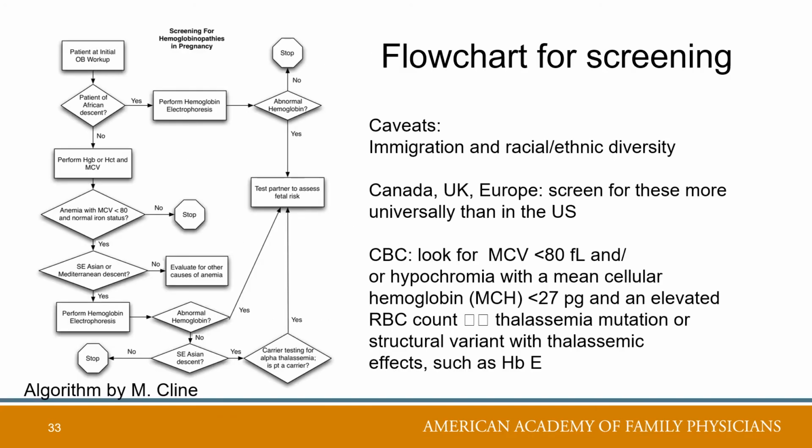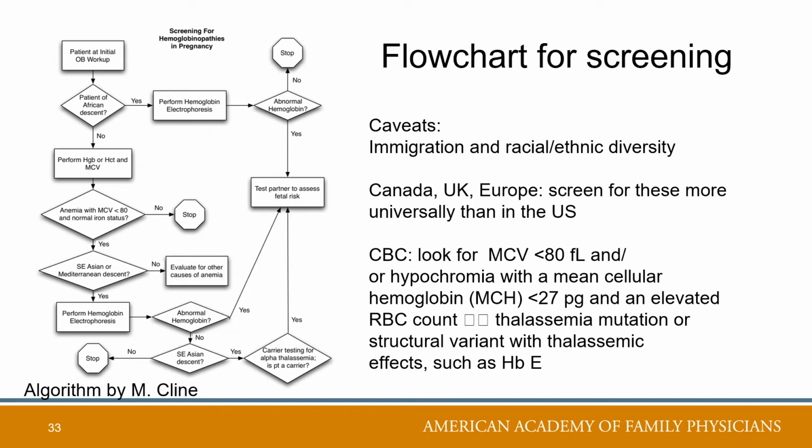It's helpful to think about a flowchart for screening when we think about hemoglobinopathies in pregnancy. In the UK, Europe, and Canada, people universally screen more readily than in the United States. In the US, it is important to think about screening for patients and think about the backgrounds for these patients in order to understand possible hemoglobinopathy risk.